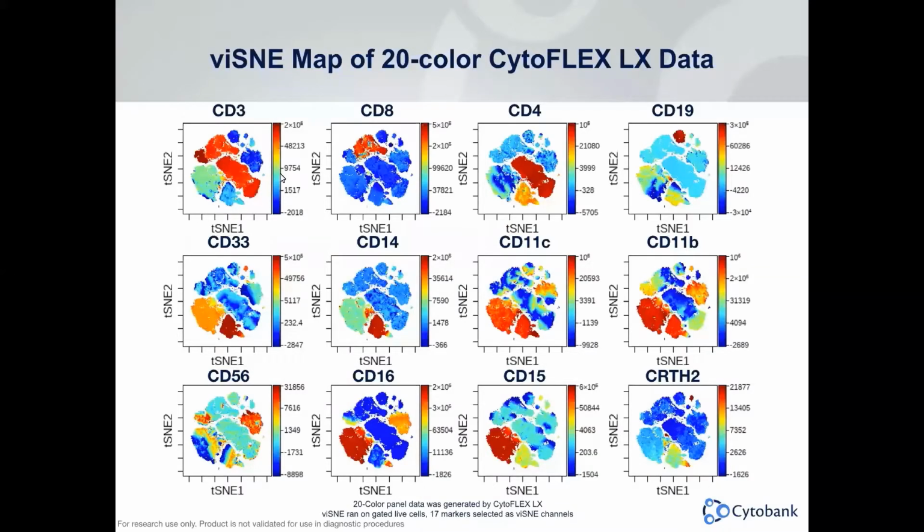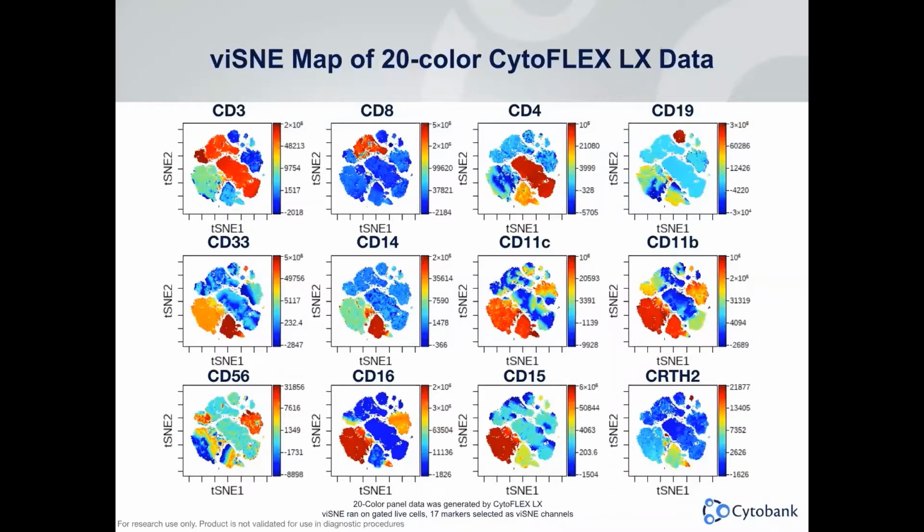The channel expression is color-coded. So the red islands here show the CD3 positive events. And the same here, this region is CD8, and this region is CD4, and CD19 positive islands here, then CD33 positive islands down here.